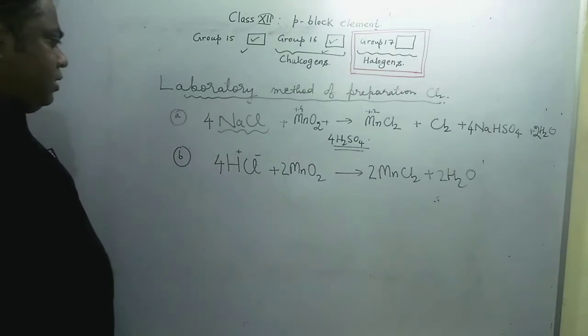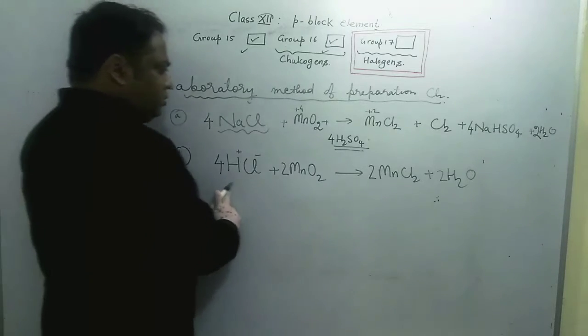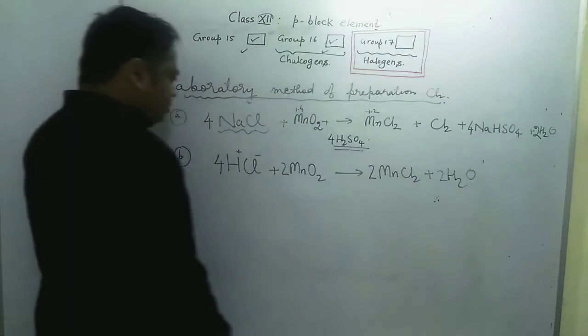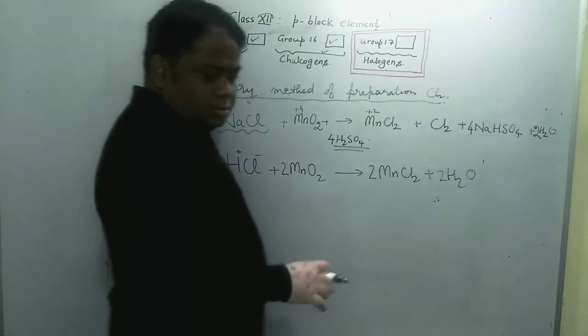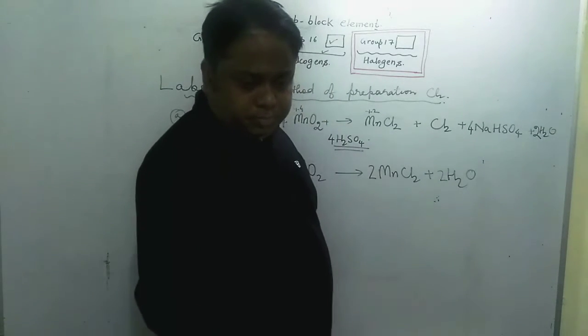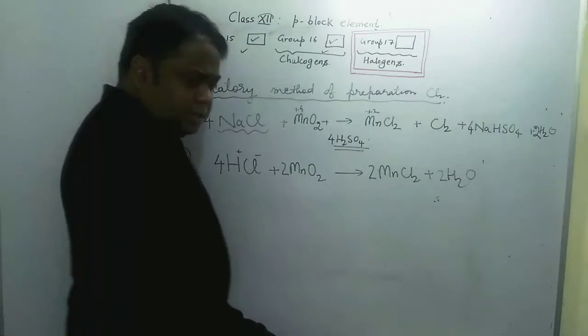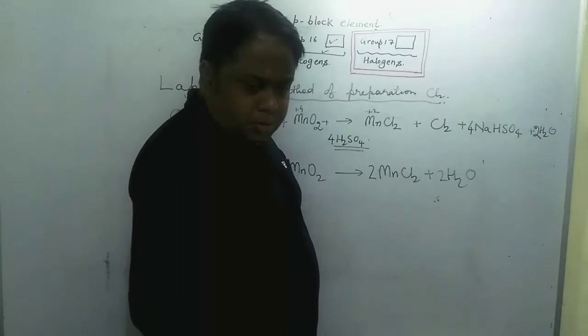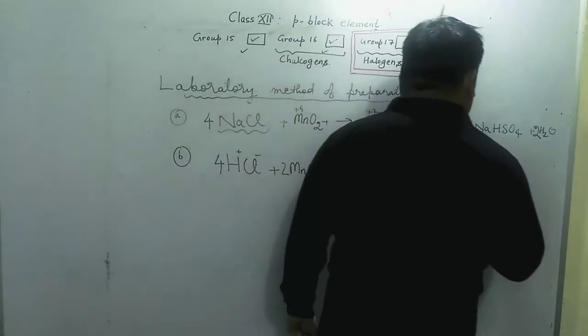How many oxygens are now there? 4 hydrogen, 4 hydrogen, 4 oxygen, 2 oxygen. Okay. Four HCl is taken, MnO2, MnCl2, and 1 chlorine gas will come out.